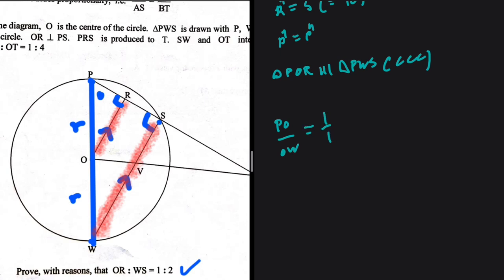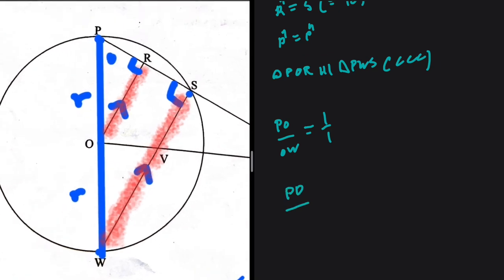But then let's look at the two triangles that we have. On triangle POR, we have a side PO, and on triangle PWS, we have a side PW. But what is PW? PW is 2R, 2 radiuses, right?